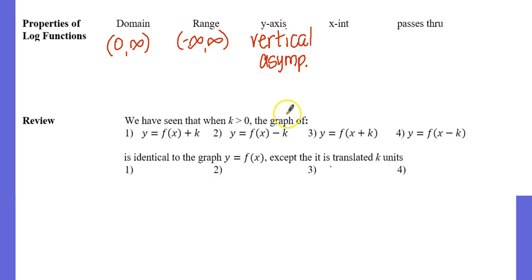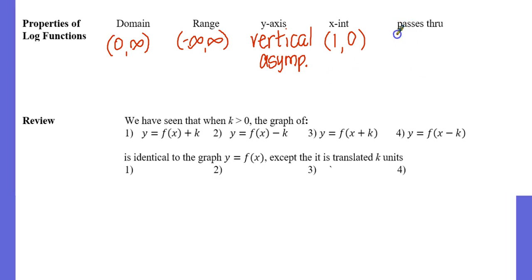Okay. What was its x-intercept? Where did it cross the x-axis? At 1, 0. Okay. Your basic log functions, if they don't have shifts, will have a vertical asymptote, that's the y-axis, and will pass through the point on your x-axis at 1, 0.